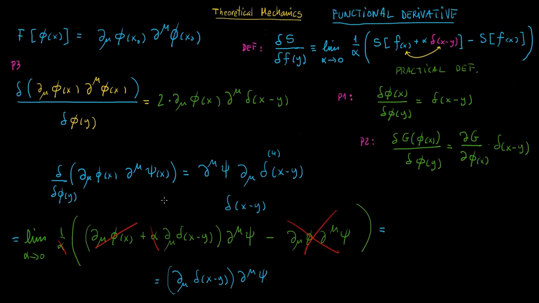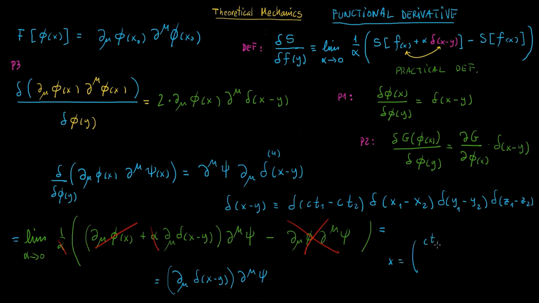In this context, when you are working in four-dimensional space-time, this is defined, in short notation, as delta of ct1 minus ct2 times delta x1 minus x2, delta y1 minus y2, and delta z1 minus z2, knowing that x is ct1, x1, y1, and z1, a point in space-time, and y is another point in space-time, ct2, x2, y2, and z2.